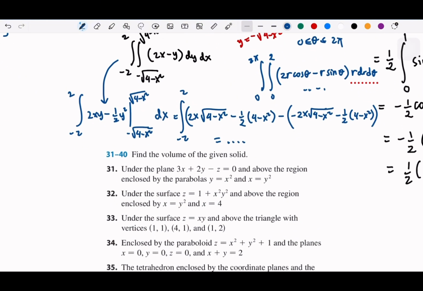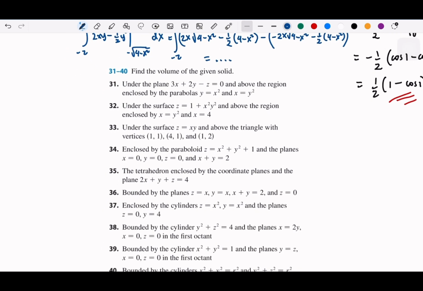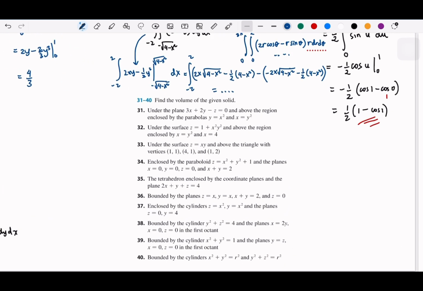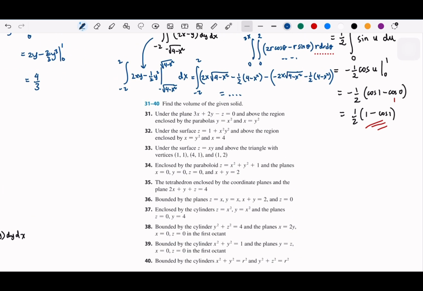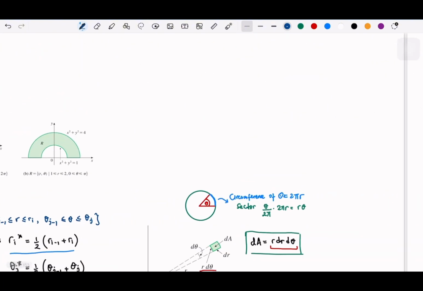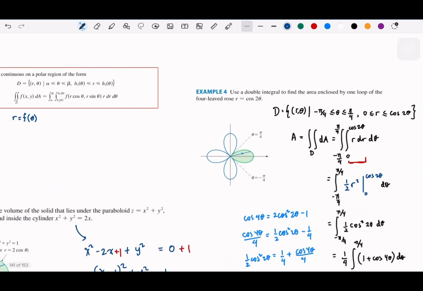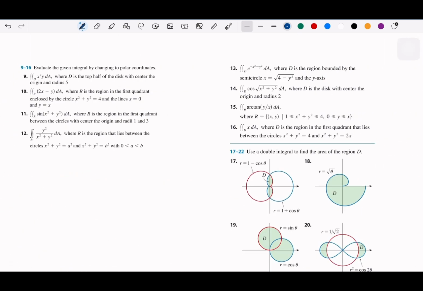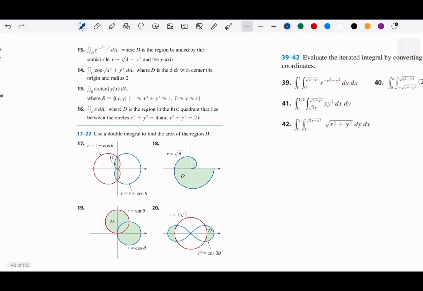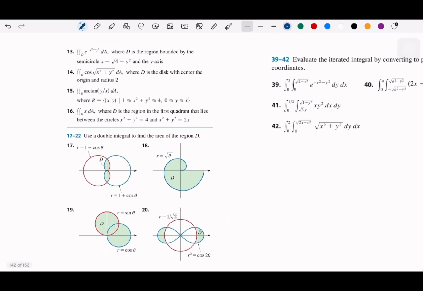Okay, for number 31 to 40, any requests? Or maybe let's move to polar for a while, and maybe we could look back if we have other questions. Maybe we move on here, maybe from 13 to 16, or perhaps from 17 to 20.